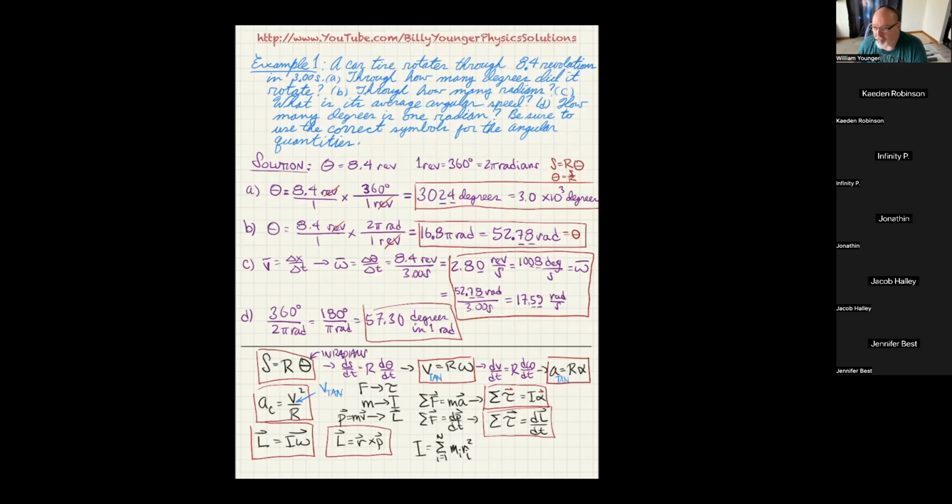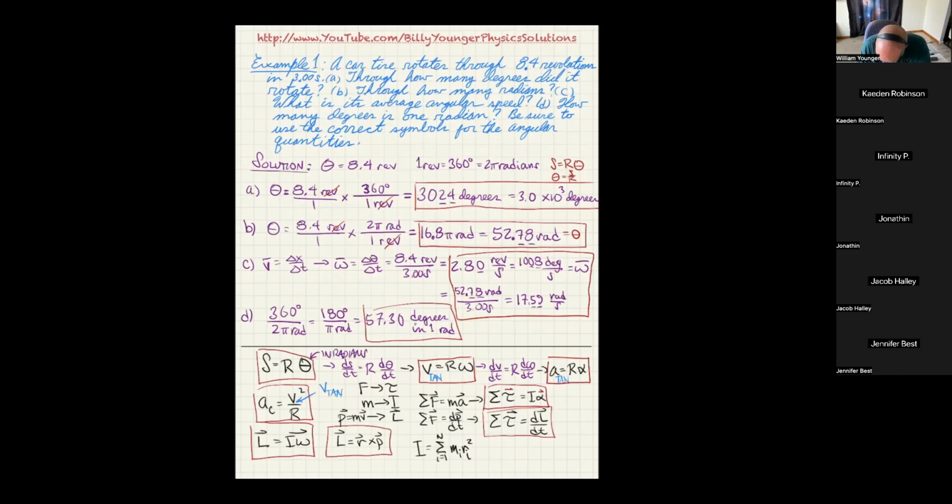So for instance, r sub i points from the rotation axis, whatever point is closest to that particular mass m sub i, and it's the distance between that rotation axis perpendicular to that rotation axis out to the m sub i, and you do that for each of them.